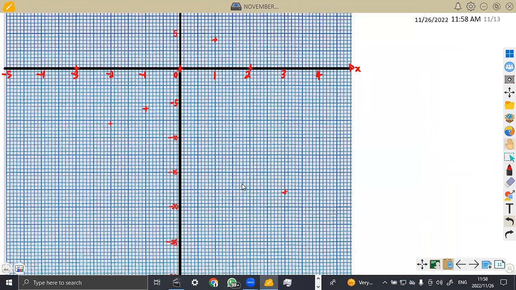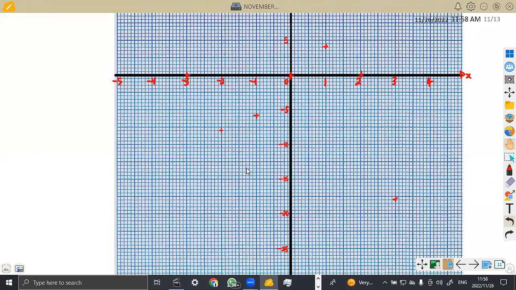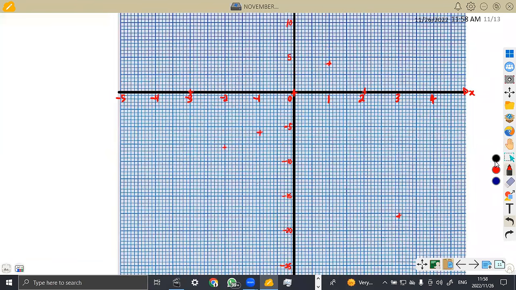Make sure that you join all the points properly, but because these points are too far from each other, let's see if we are going to win. So this point to this point, then down here, this point. Okay, this is not what I want it to look like. Guys, it's supposed to be smooth.